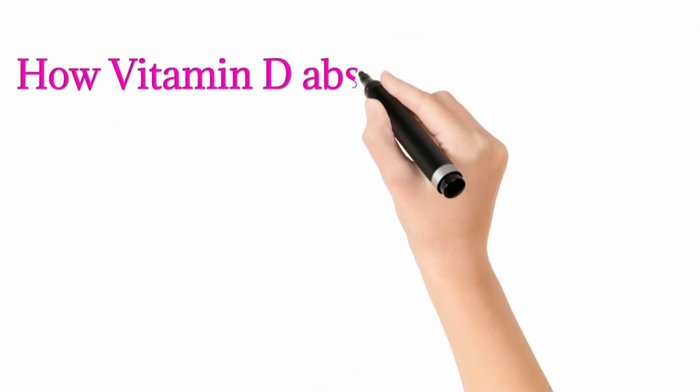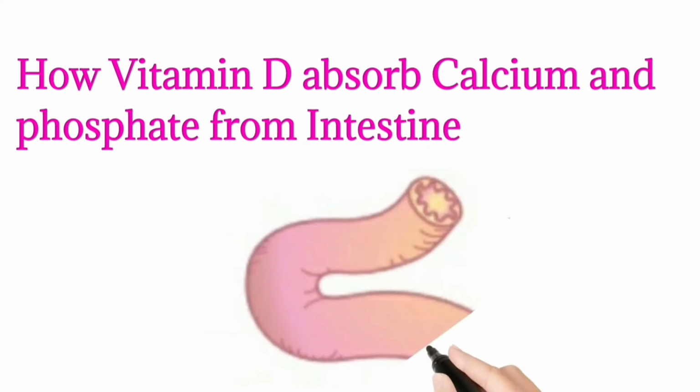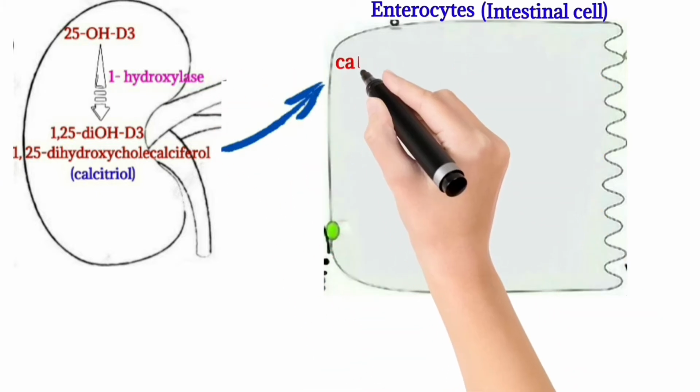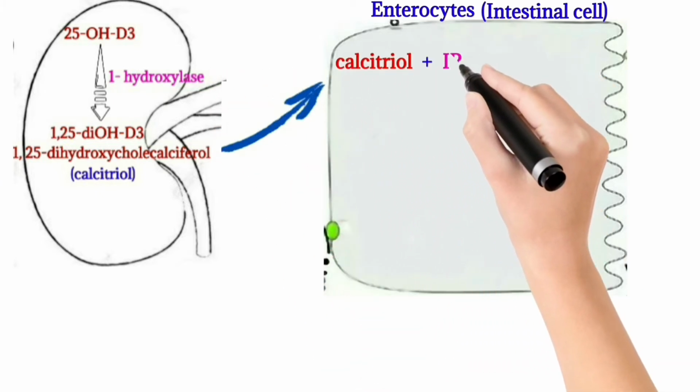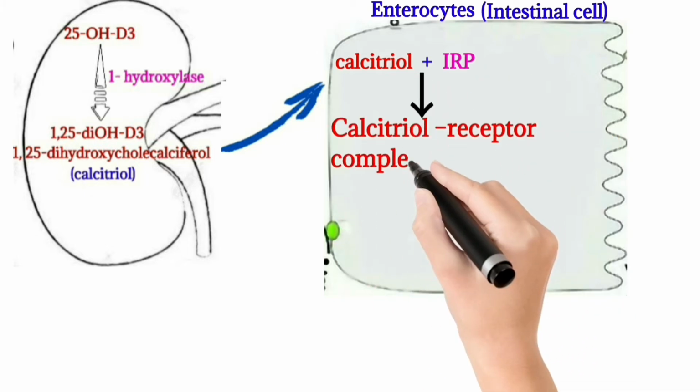How vitamin D absorbs calcium and phosphate from the intestine. First, calcitriol goes to enterocytes, or intestinal cells. Calcitriol and intracellular receptor protein bind to form the calcitriol receptor complex.